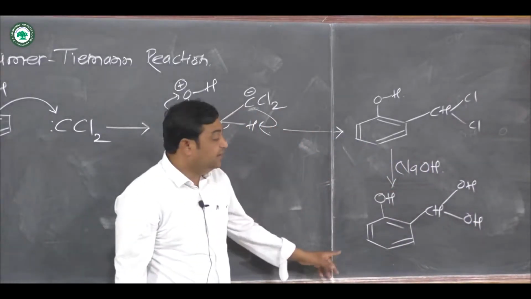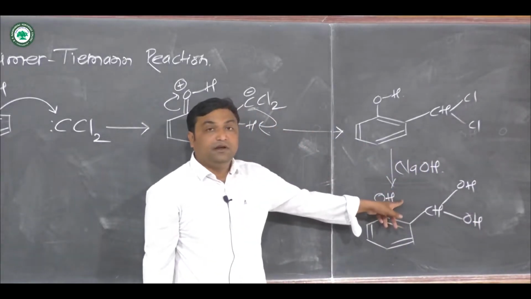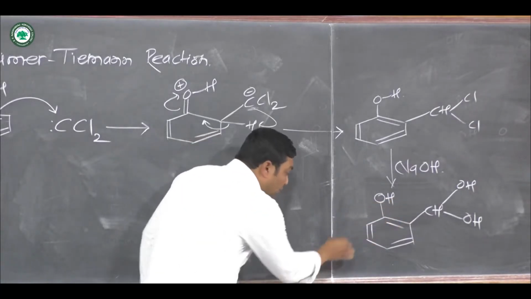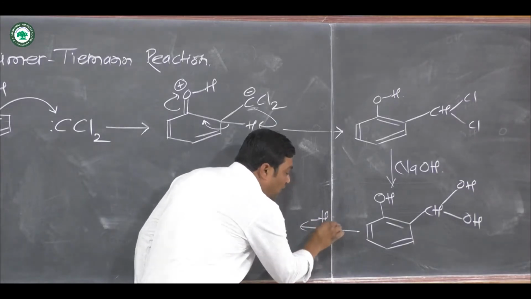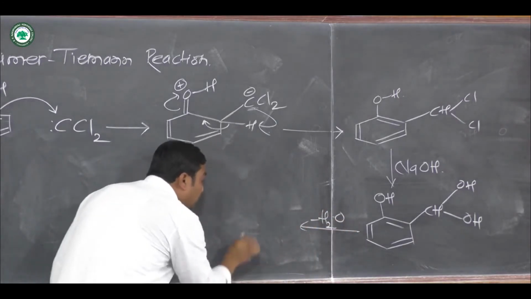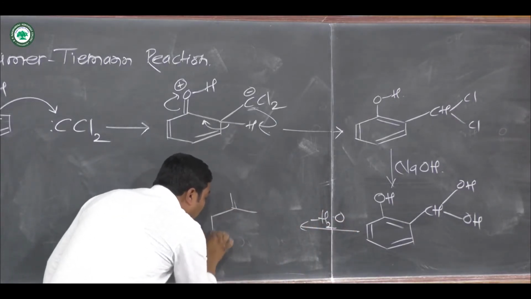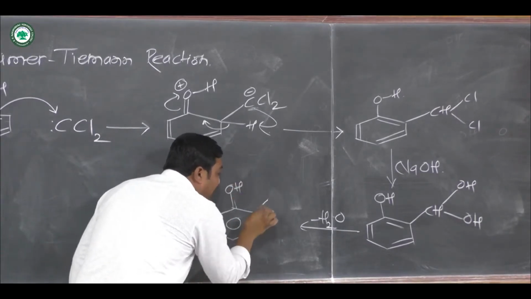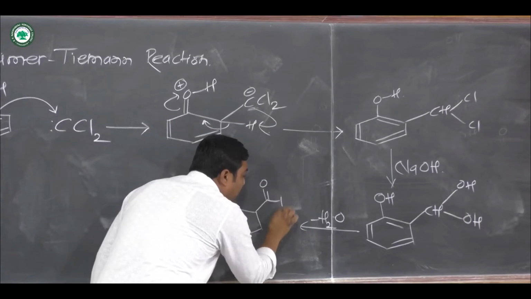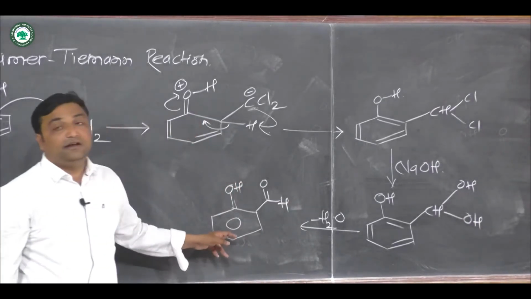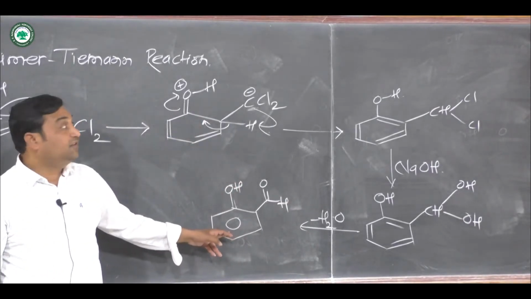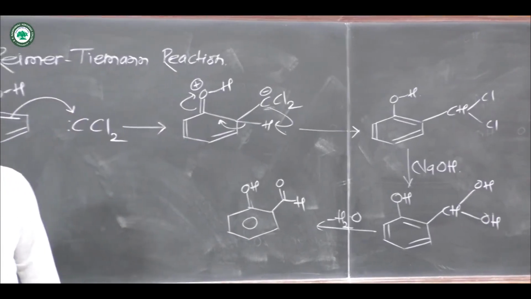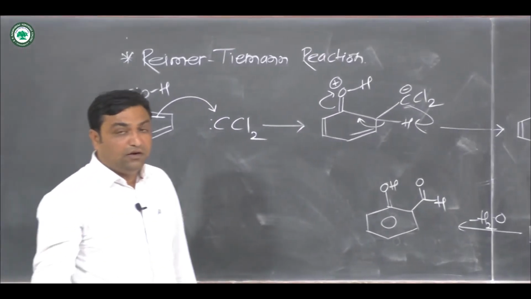Now finally this 1,1-diol undergoes dehydration, or removal of water molecule, to give our final product, that is salicylaldehyde. This is all about our Reimer-Tiemann reaction, and this is all about our today's lecture.